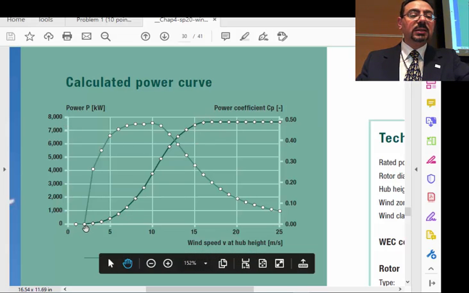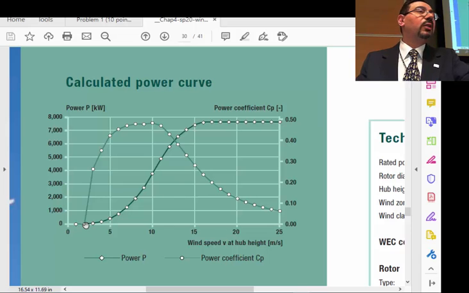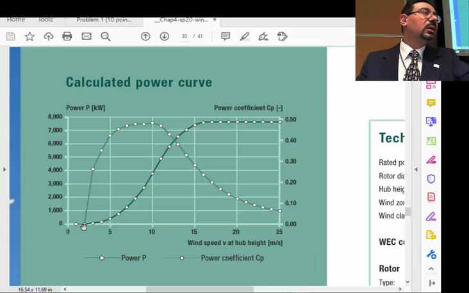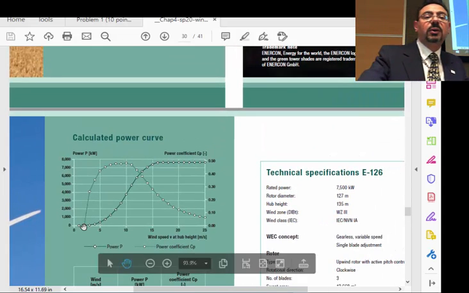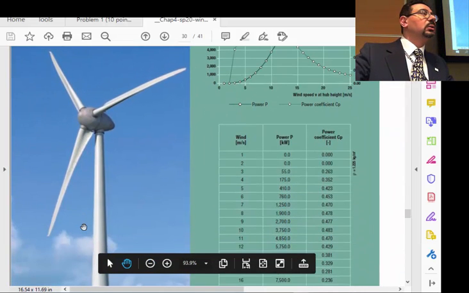If the velocity is, let's call this 2 meter per second, the power coming out from the generator is how much? 0. And the CP at this moment, the CP is power output over power input. The power input is half rho A V cubed, and you can see the A is huge.